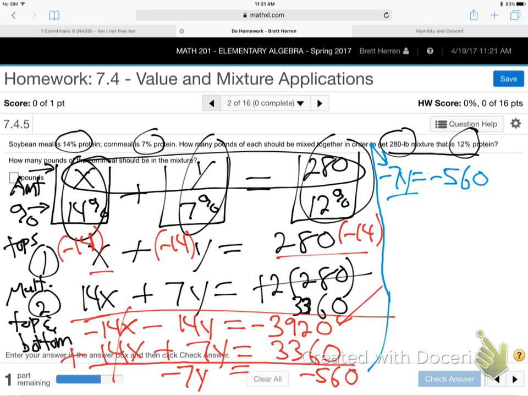Okay, and then divide by the minus 7. Is that 80? Positive 80. So y is positive 80.